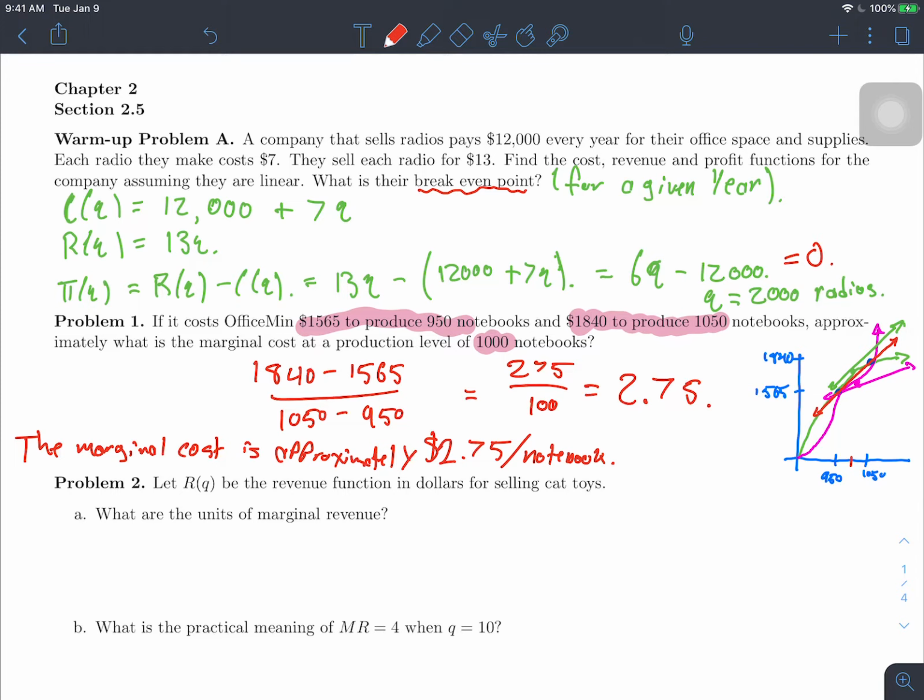All right, so a little bit of approximation going on here. I think the intuition behind this problem is maybe a little bit more challenging than we're used to so far.